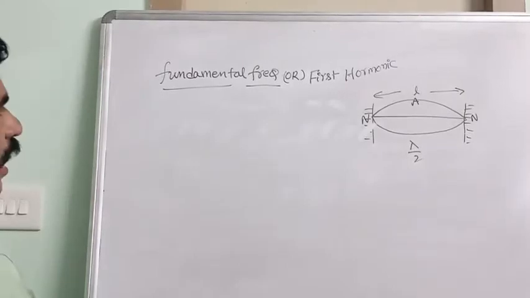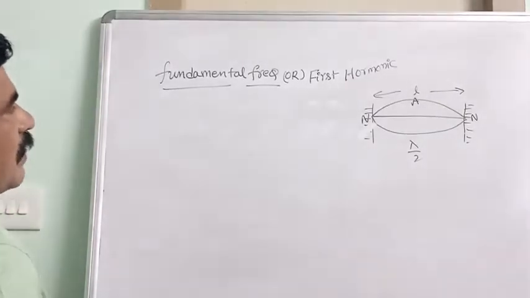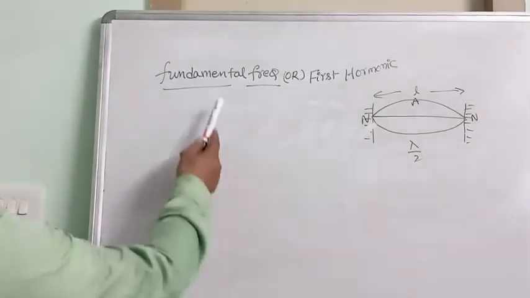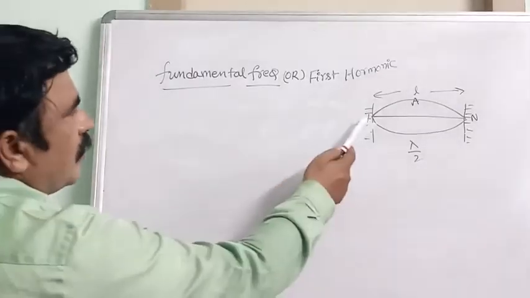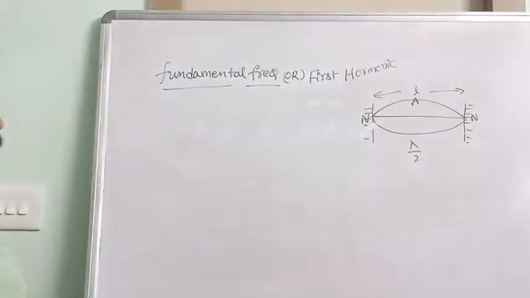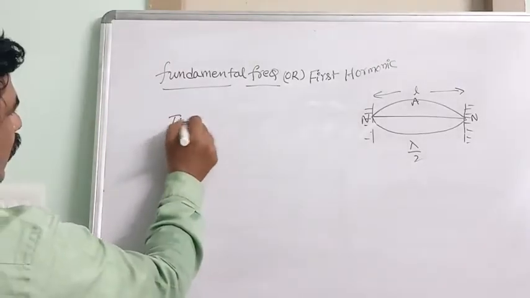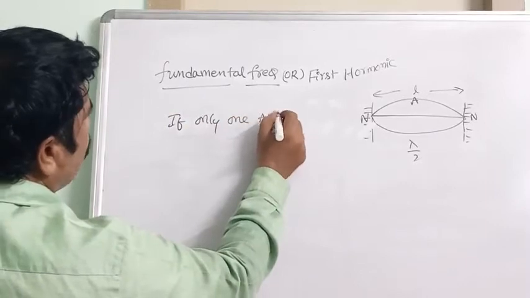Now we can derive the frequencies of harmonics. Harmonics means integral multiples of the fundamental frequency. The fundamental frequency, or first harmonic, occurs when only one antinode is formed between the nodes.